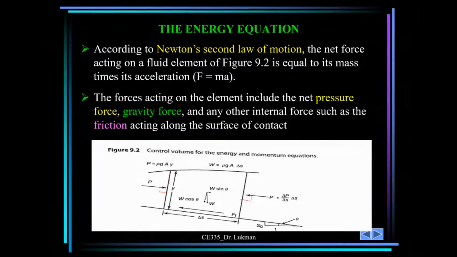In fluid mechanics we use p to denote pressure, but here in the notation we use capital P to denote the pressure force or hydrostatic force acting on the fluid element. The forces acting are the net pressure force and the gravity force.